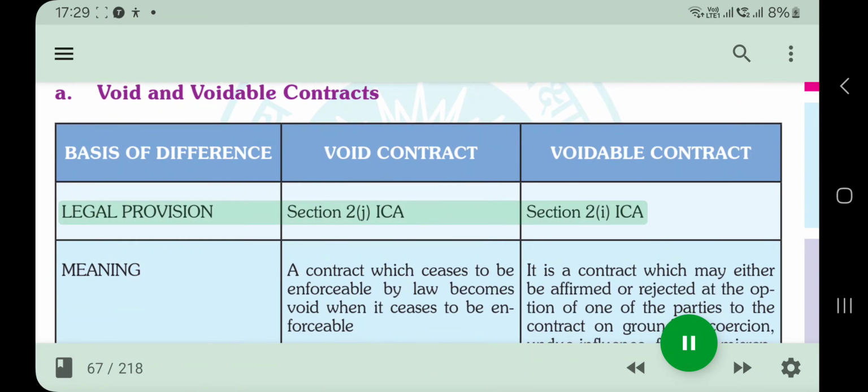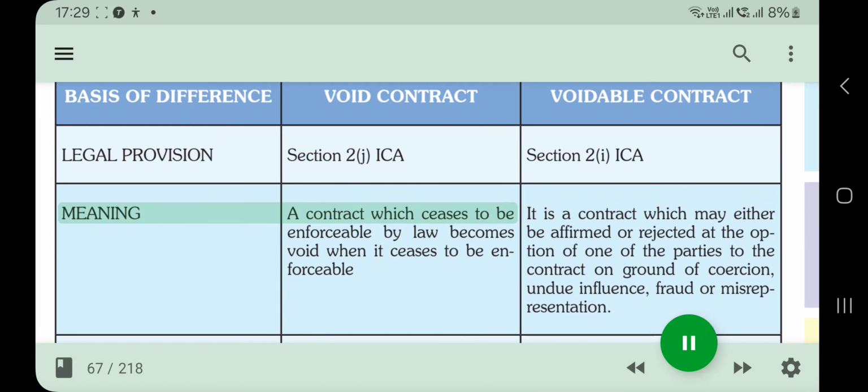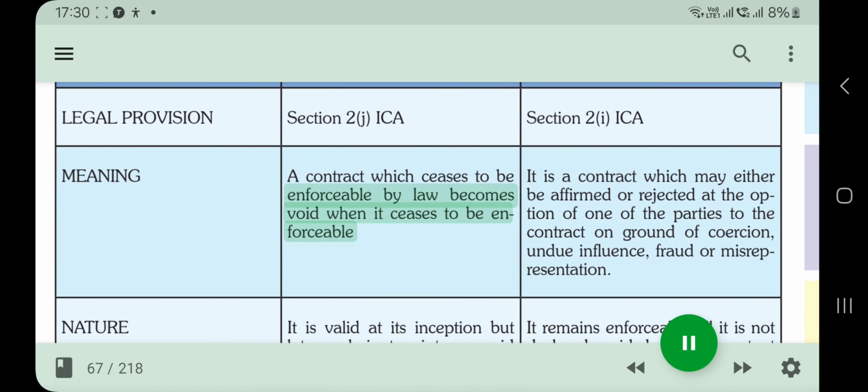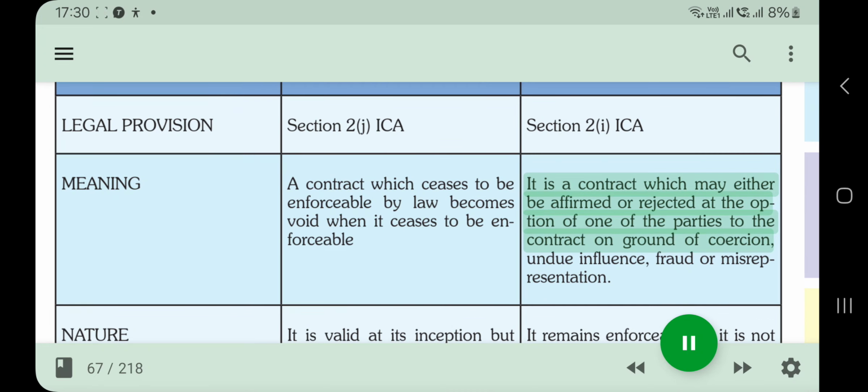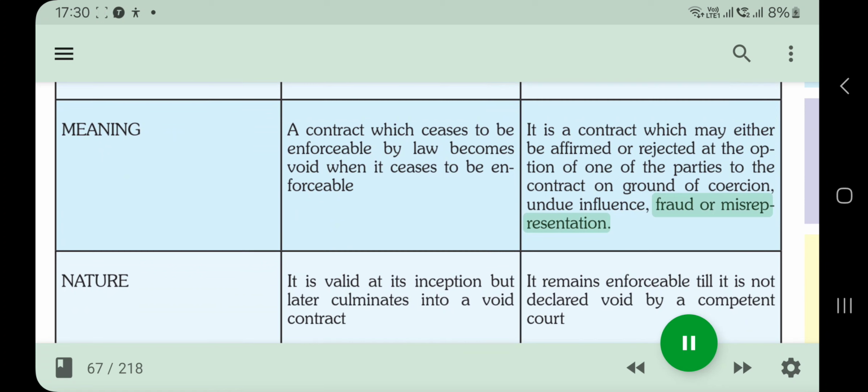Legal provision: Section 2(j) ICA, Section 2(i) ICA. Meaning: a contract which ceases to be enforceable by law becomes void when it ceases to be enforceable. A voidable contract may either be affirmed or rejected at the option of one of the parties to the contract on ground of coercion, undue influence, fraud, or misrepresentation.